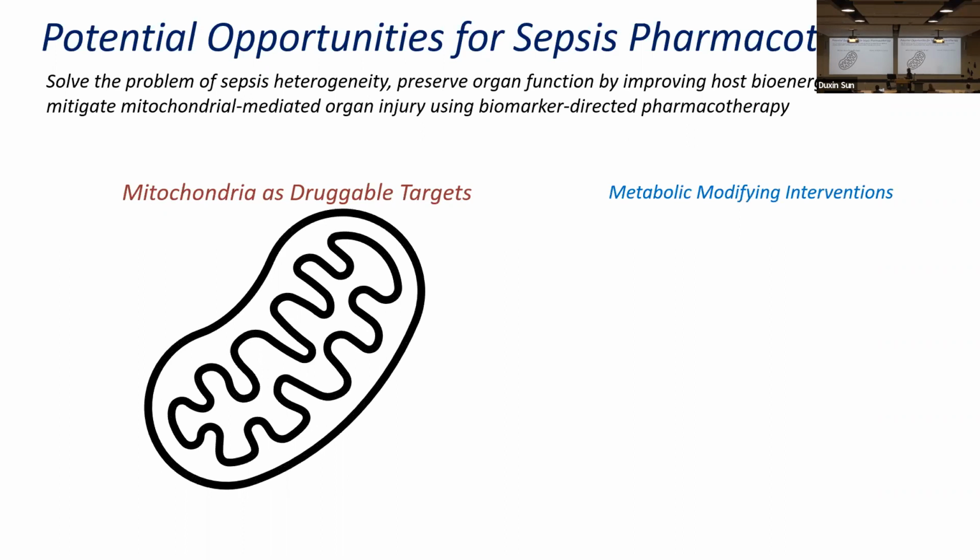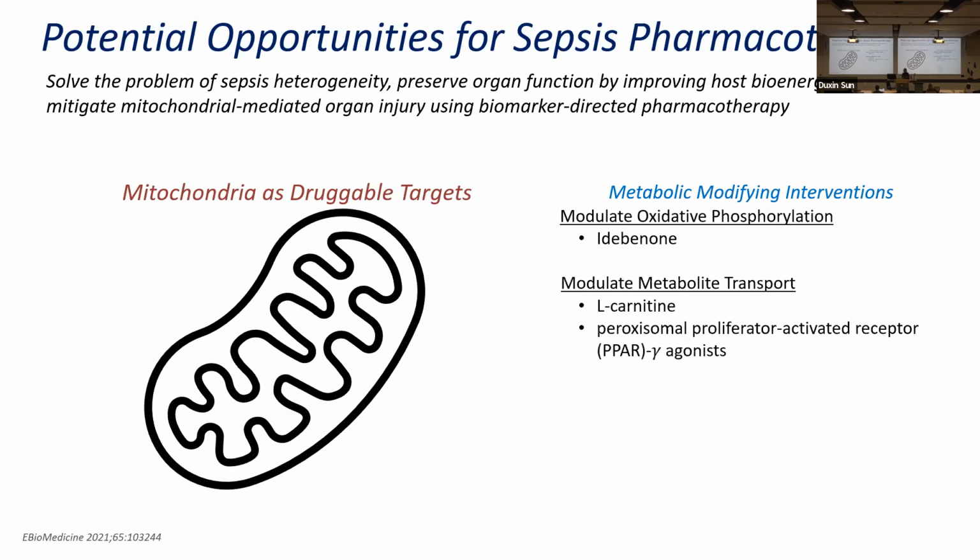There are some mitochondrial and metabolic modifying interventions that are already out there. Some have been tested and not done well in other diseases, but may be repurposed for some of these opportunities that might exist in sepsis. So we're thinking along those lines.